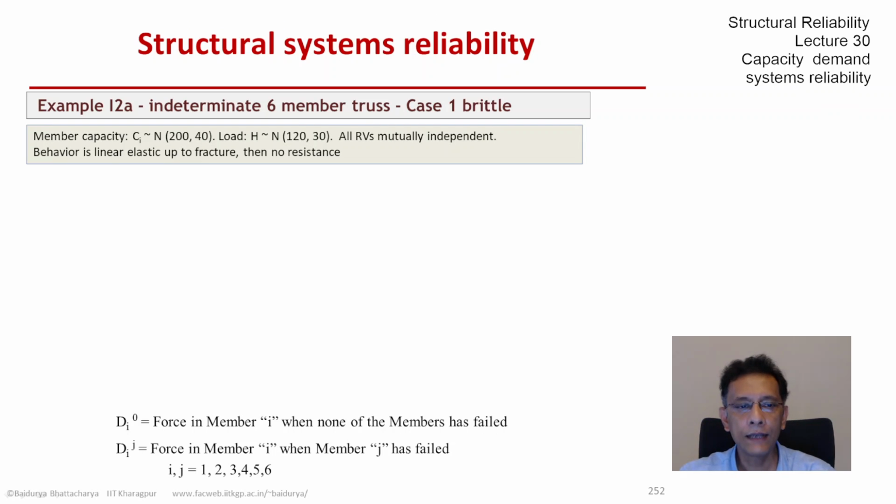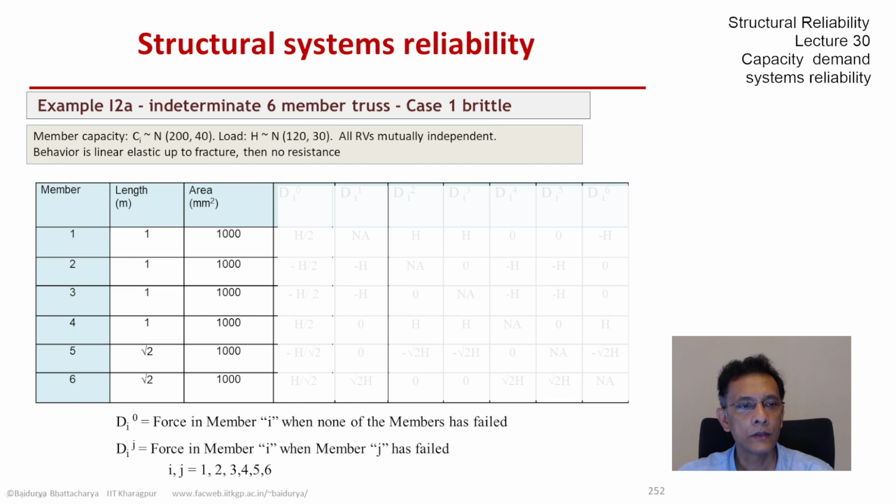After having defined these terms, let us now look at the entire situation. We have 6 members, and their lengths and areas are all specified. Let's look at this table column by column. The column D0i is the force in all the elements when no member has failed, that's the intact state, the 0 state, and there we have the 6 member forces.